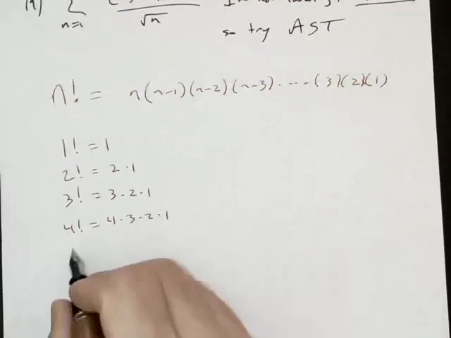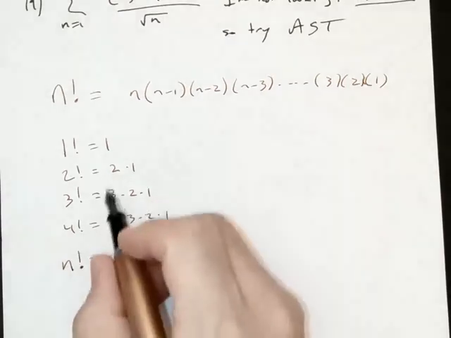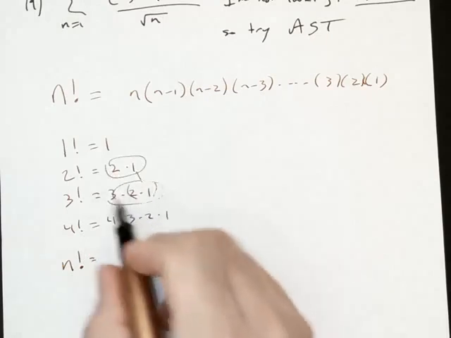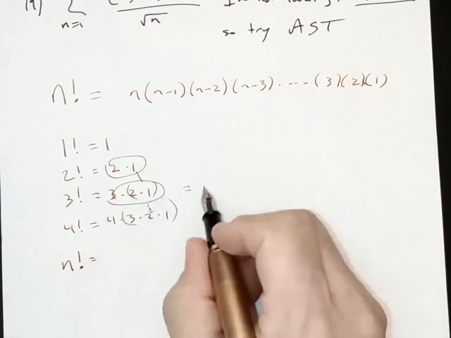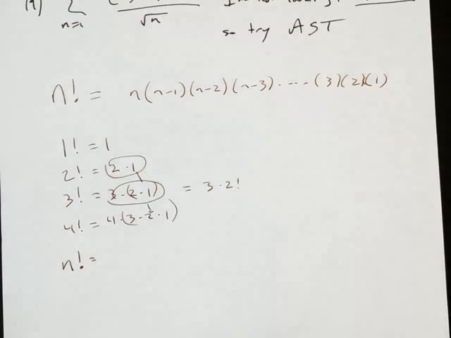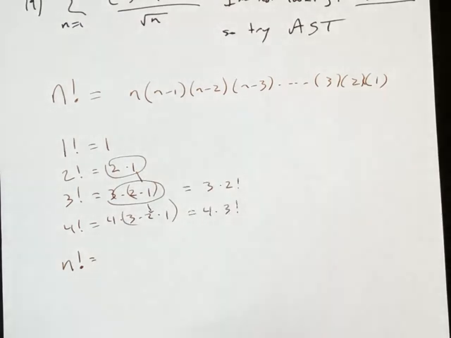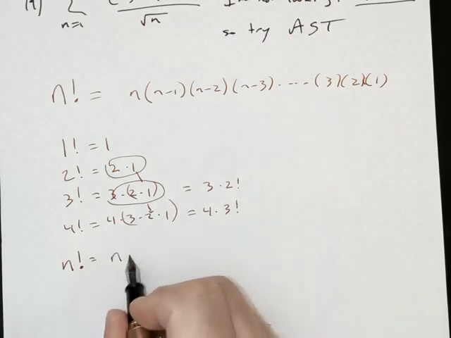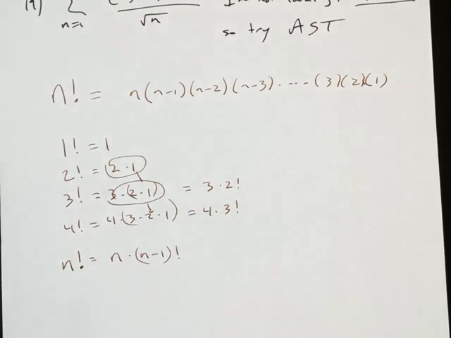But if I generalize this pattern, then 3 factorial can also be written as 3 times 2 factorial. And 4 factorial can be written as 4 times 3 factorial. And n factorial can be written as n times n minus 1 factorial.